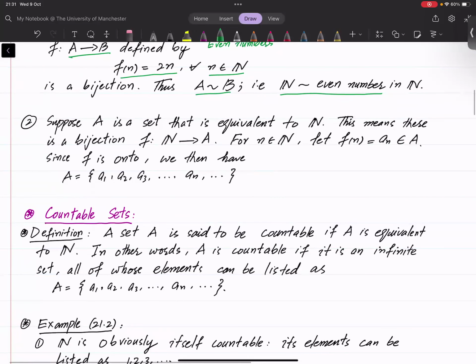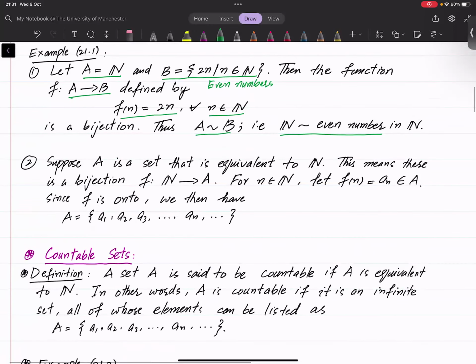Let's give another example. Suppose A is a set that is equivalent to the natural numbers.